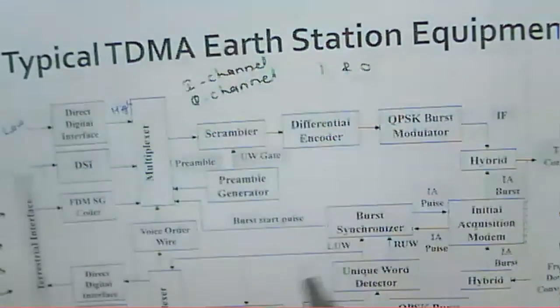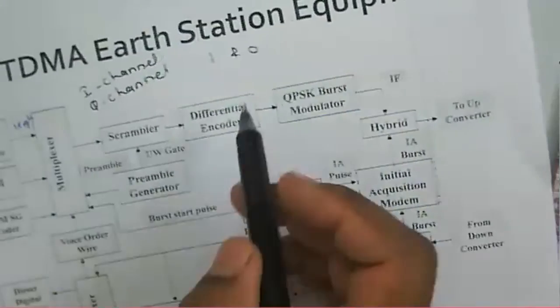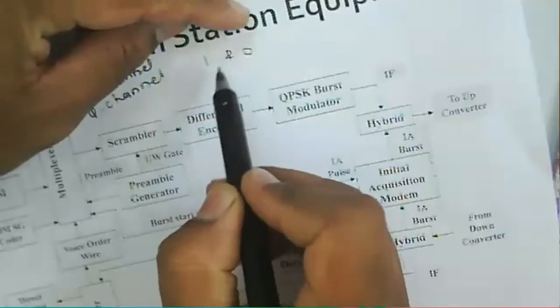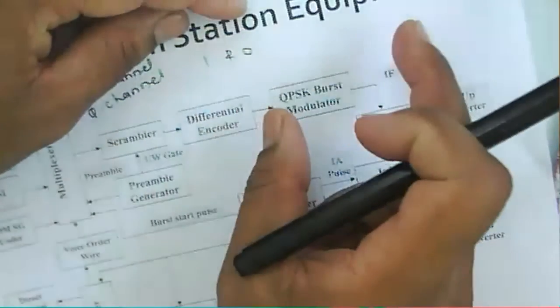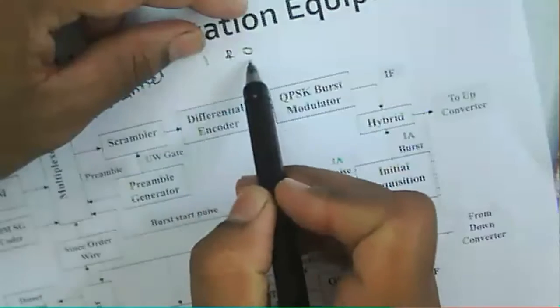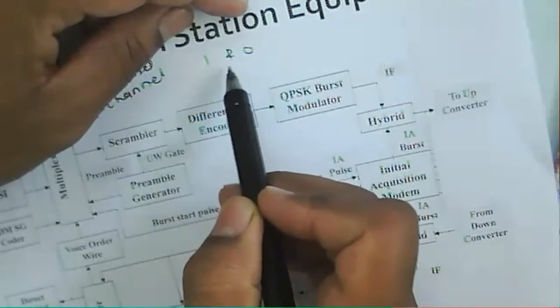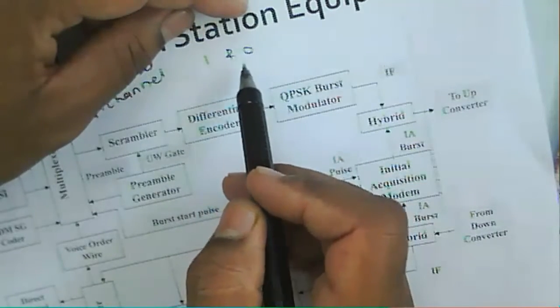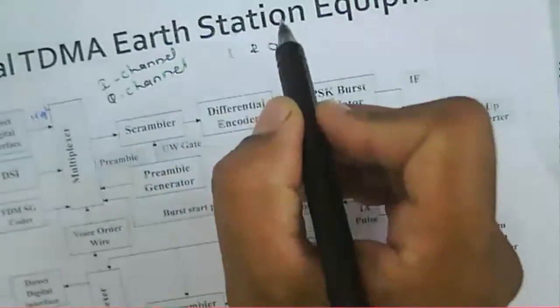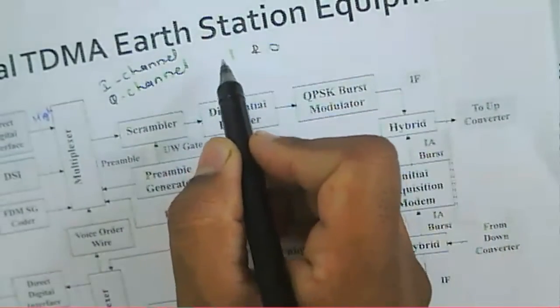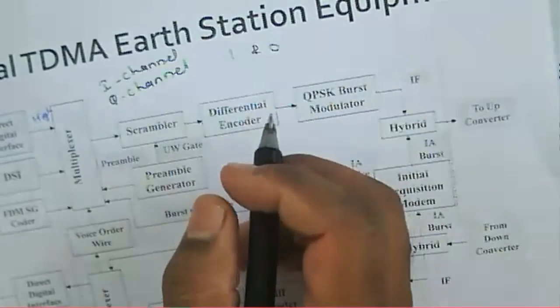So at reception, when we transmit a TDMA frame format with data of consecutive ones and zeros, that is not able to provide the clock at the receiver.